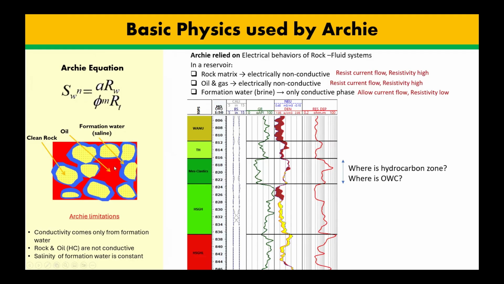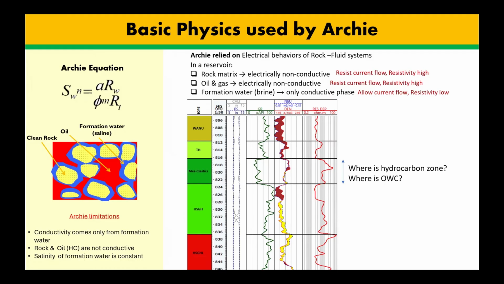In Archie model, it's important to note that it assumed that the conductivity comes only from the formation water, and the rock and oil, which is the hydrocarbon, are not conductive, and the salinity of the formation water is constant.